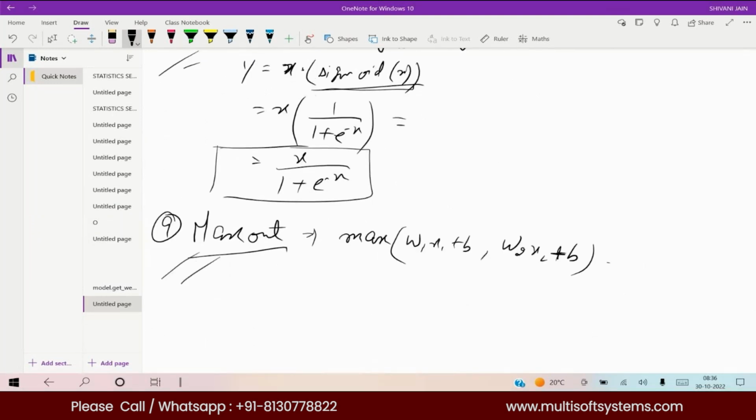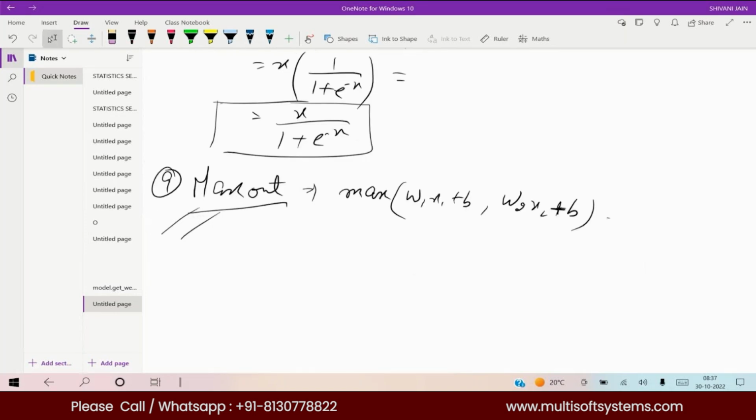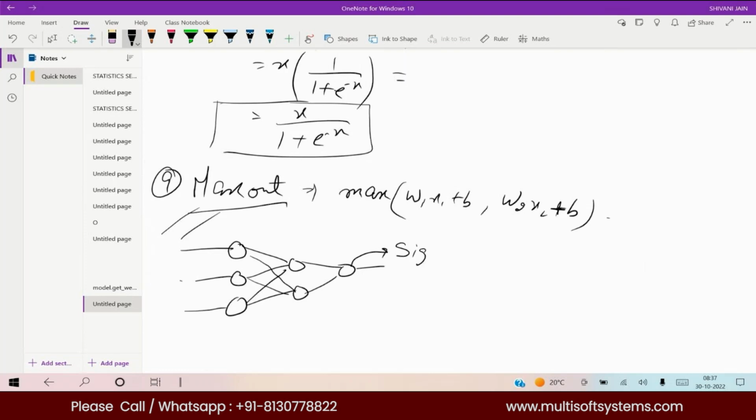Now, when to use which? If you have a binary classification in the output, whether a person will play or not, this is your binary classification example. Here you have only 1 or 0 as the output. So here always try to use the sigmoid function in the output layer, because sigmoid always gives you a value between 0 and 1.